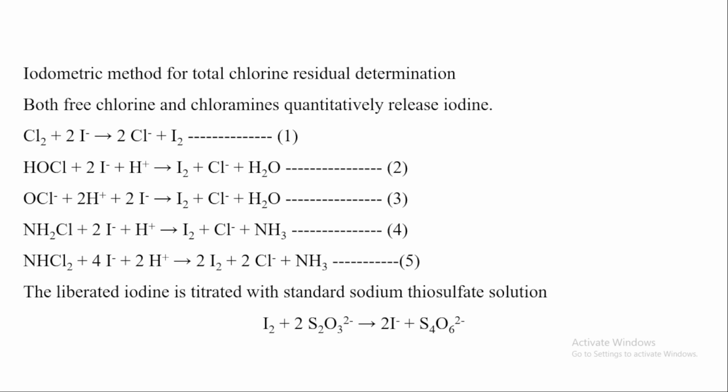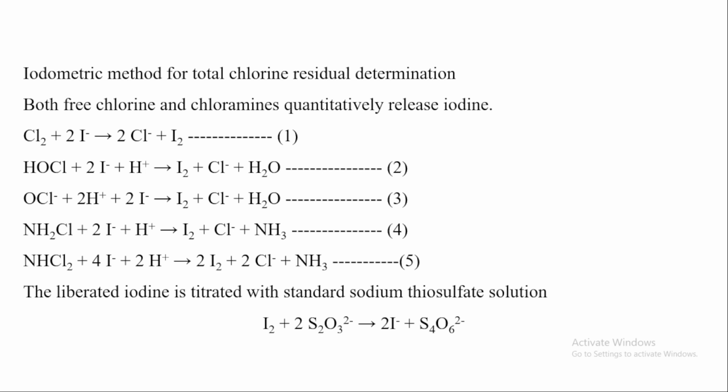Okay, chloramines are the combined chlorine residuals. So NH2Cl or NHCl2. NH2Cl is basically monochloramine, where one hydrogen is replaced with one chlorine. NHCl2 is dichloramine, where two hydrogens are replaced with two chlorine atoms.